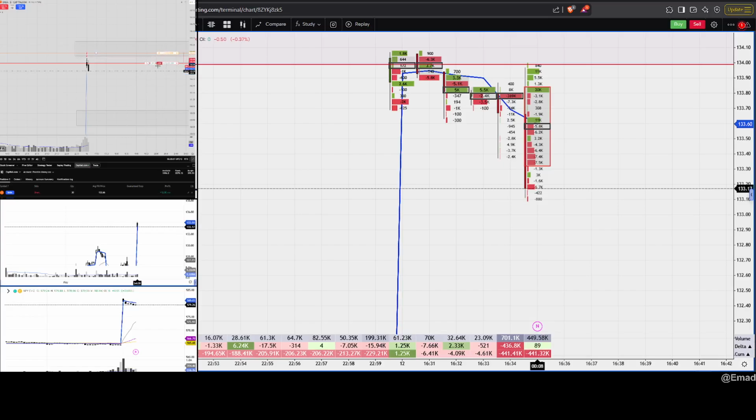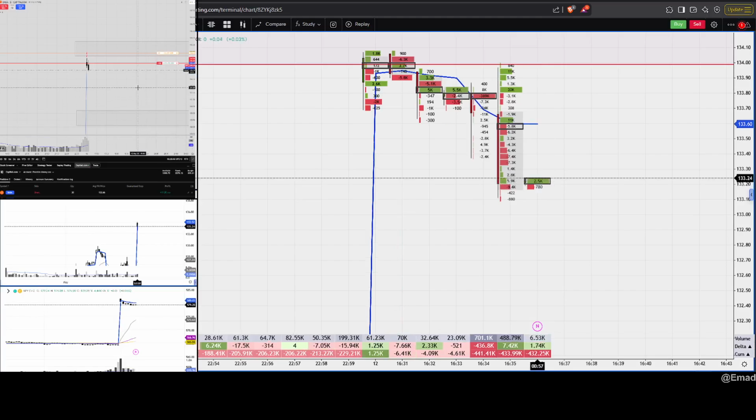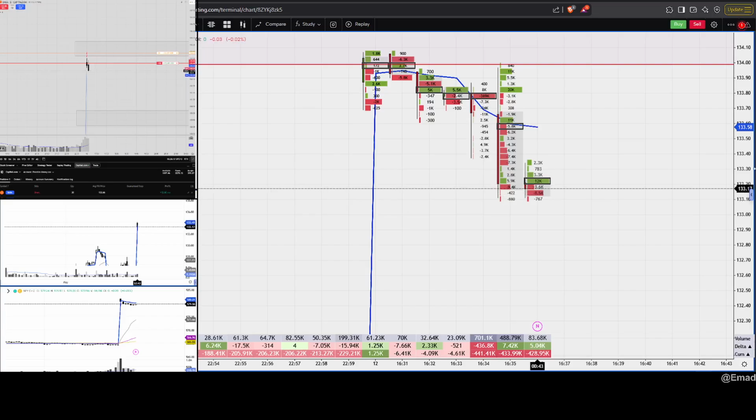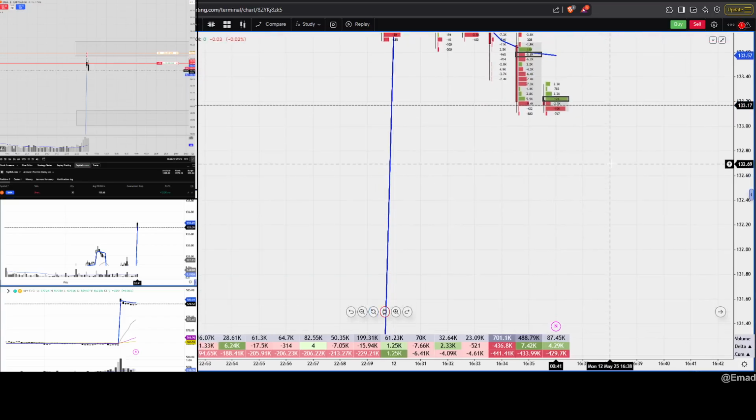I have two positions, but this is only showing me one. Okay. Are we at 132? No. Question becomes still, where do I hold this trade?